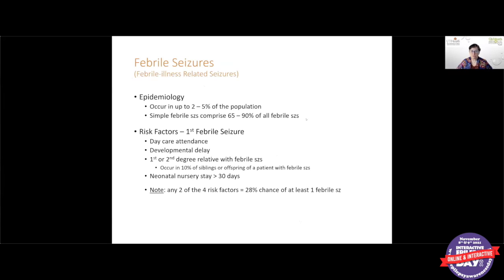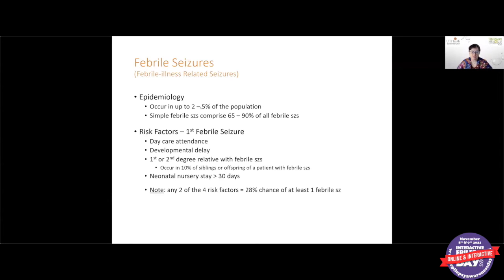So I'm just going to go through a few different types of seizures that children can have. Probably the most common one, and this does not necessarily mean that the child has epilepsy in this case, but febrile seizures are very common in children who are less than 5 years old, between infants and 5 years old.